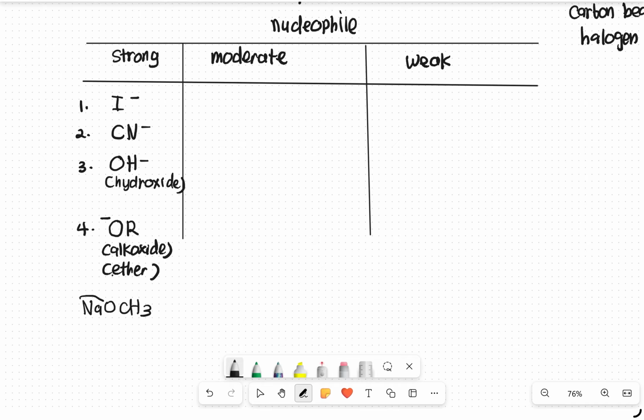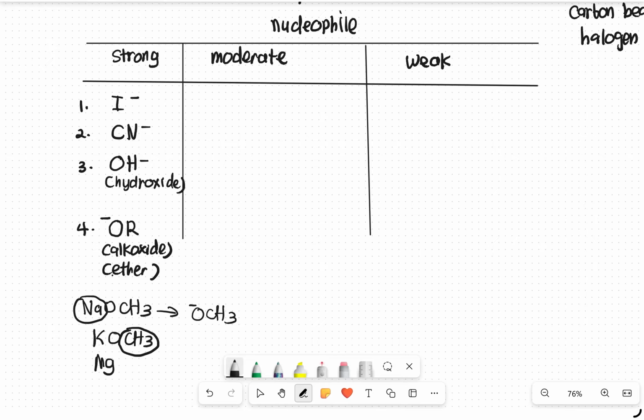For example Na, K, Mg. As long as a metal is attached to OR, we call it alkoxide. For example CH3O with Mg, it will derive OCH3. It's not necessarily CH3.